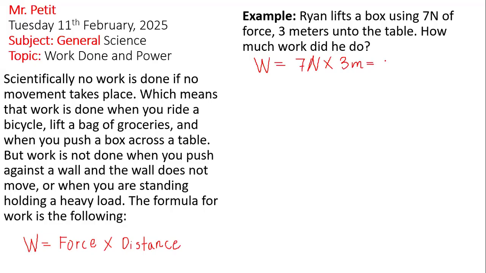That's 21 joules. Newton meters, because Nm, is the same thing as joules. So it's going to be 21 joules.